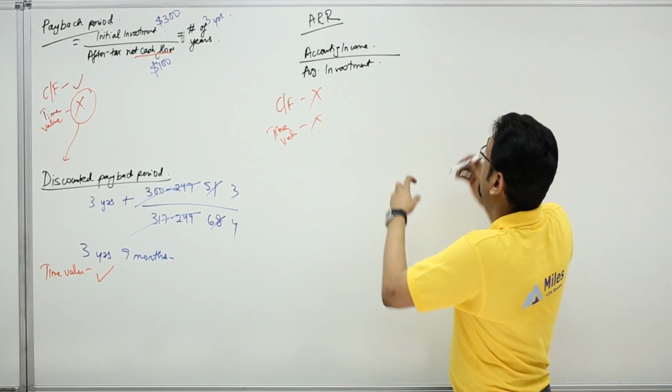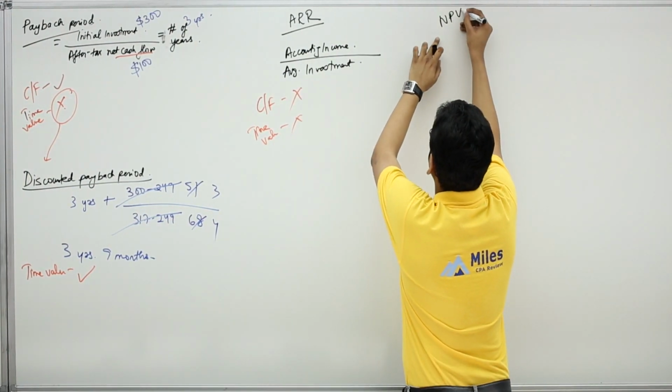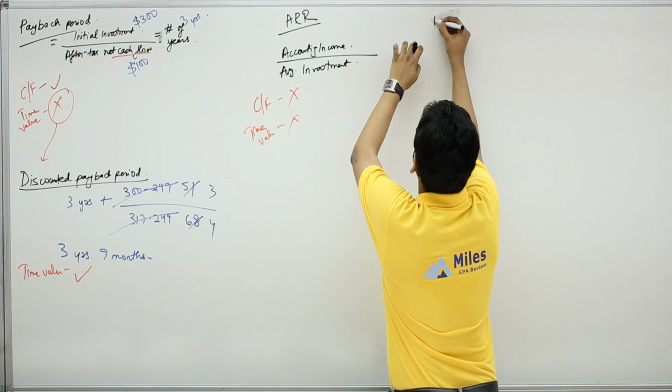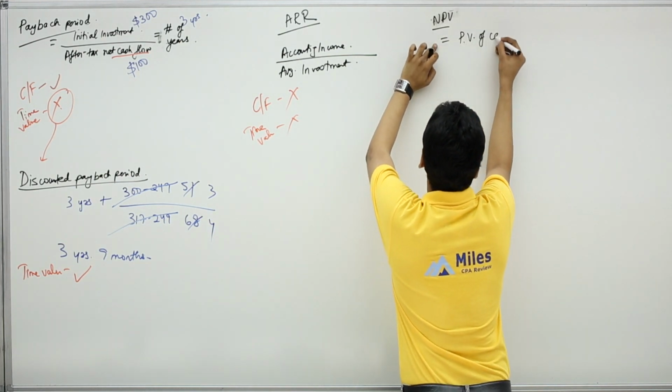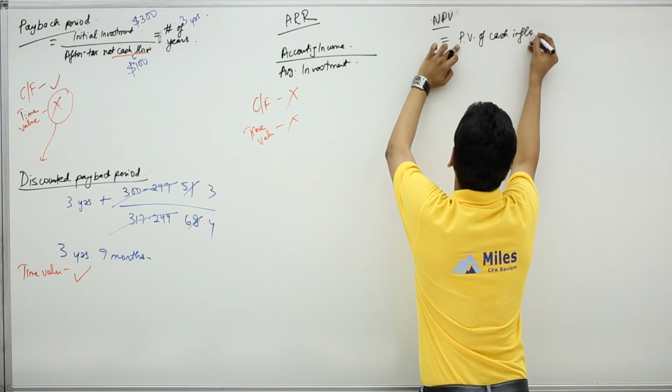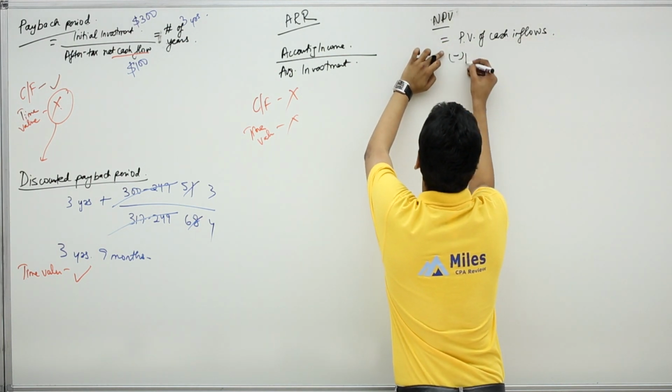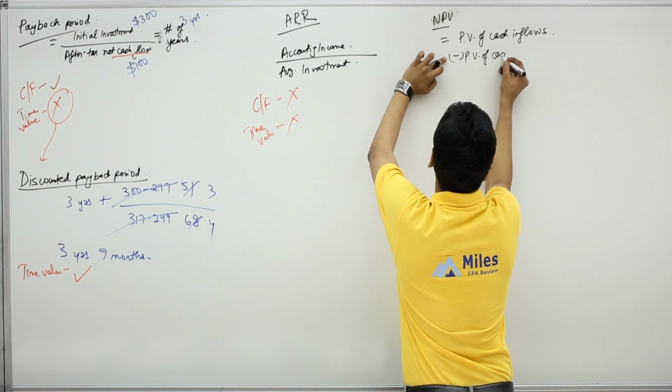So we're looking at net present value now. And I said net present value is equal to the present value of cash inflows minus the present value of cash outflows.